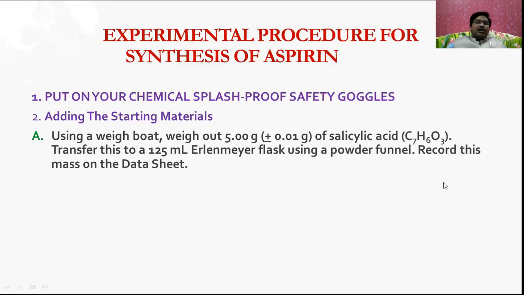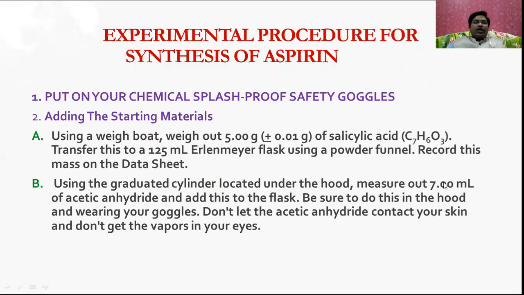Record this mass on the data sheet. Using the graduated cylinder located under the hood, measure about 7 ml of acetic anhydride and add this to the flask. Be sure to do this in the hood and wearing your goggles. Don't let the acetic anhydride contact your skin and don't get the vapors in your eyes.